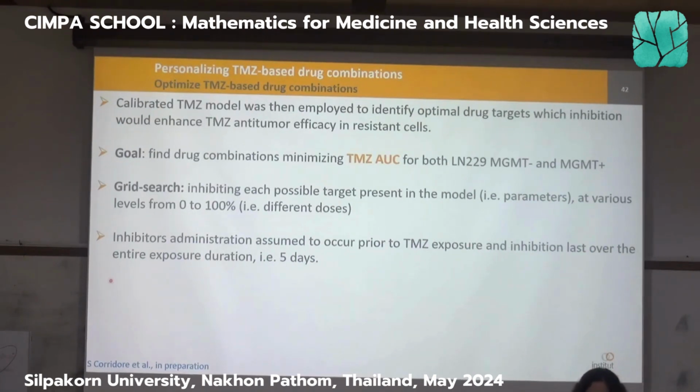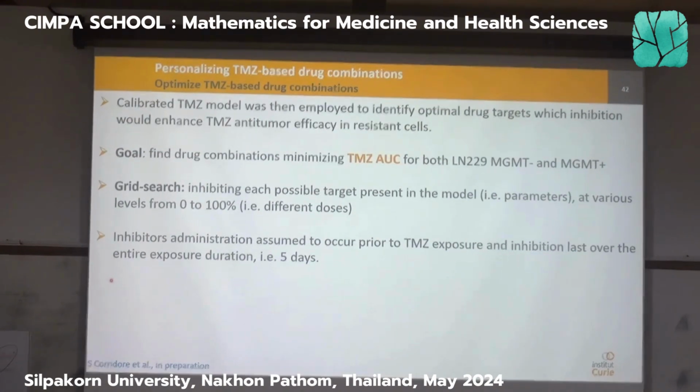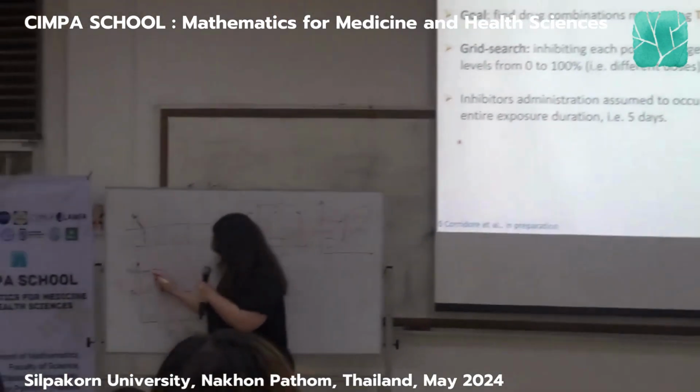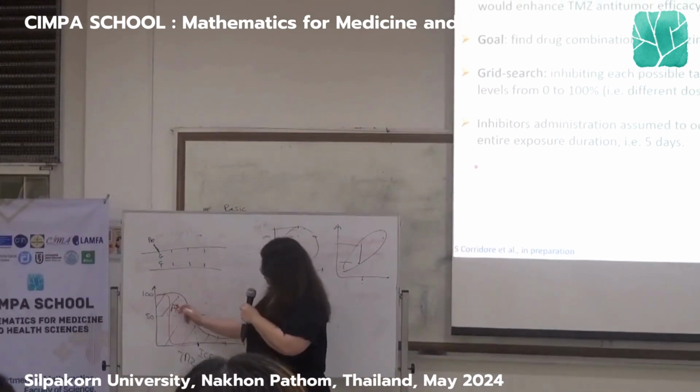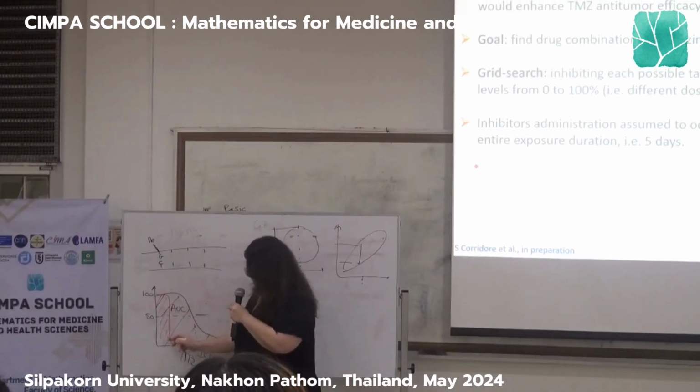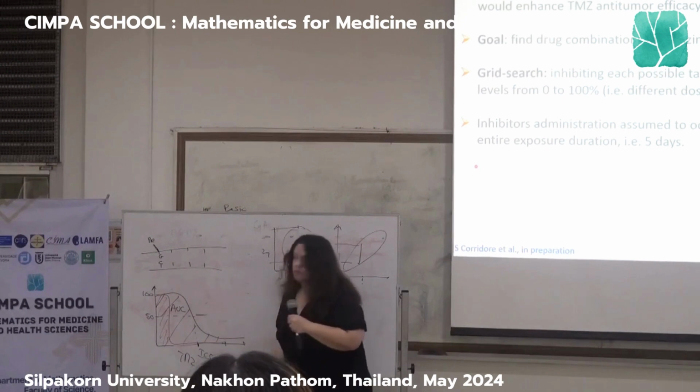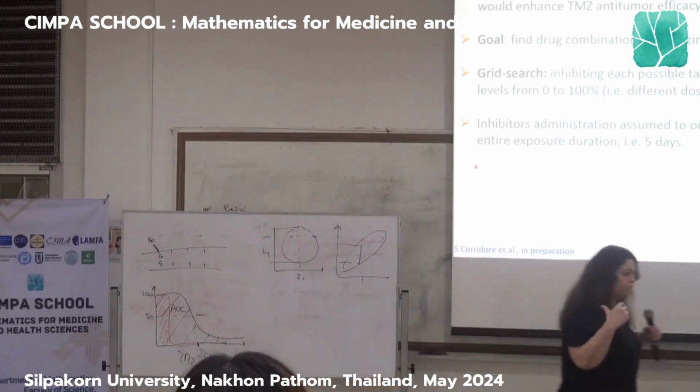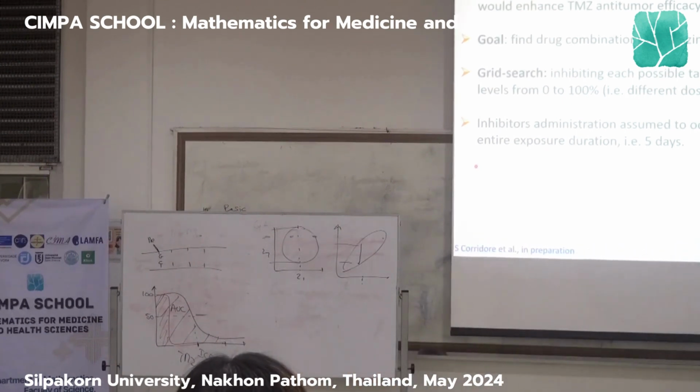So the goal is to find a drug combination that will minimize the AUC, because of course what you want to do is to have an IC50 here that will go towards the left. So what you want is to go from a curve like this to a curve like that. Okay? So you want to minimize the AUC. That's a bit counterintuitive, so minimize the AUC.